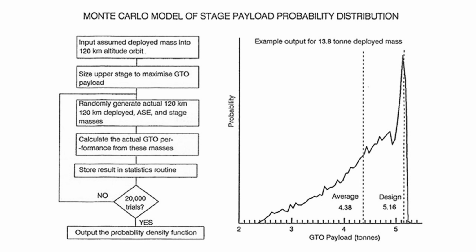Then the performance to the target geostationary transfer orbit was calculated. The model revealed a very skewed distribution, showing that designing the upper stage larger than nominal is the optimum strategy. The logic here is that if you cannot use the extra capability of the stage, the performance penalty is rather small.